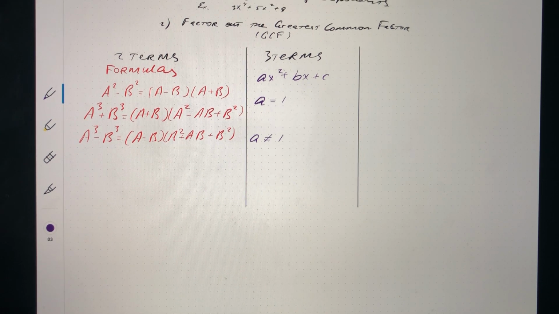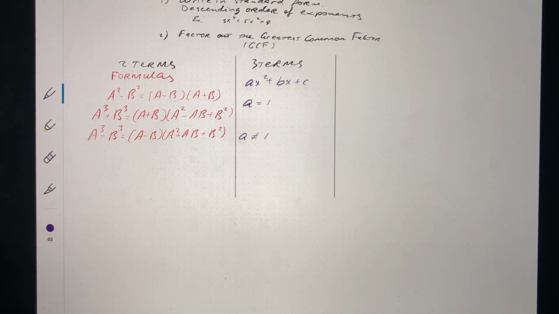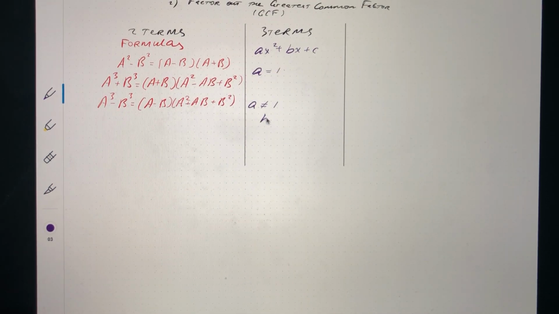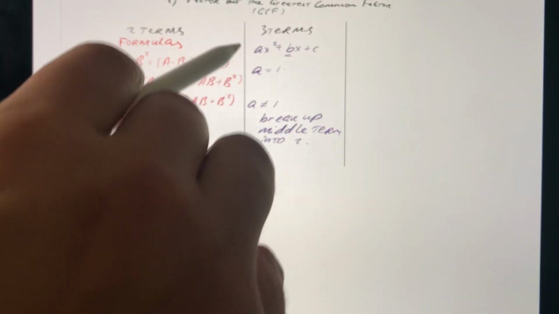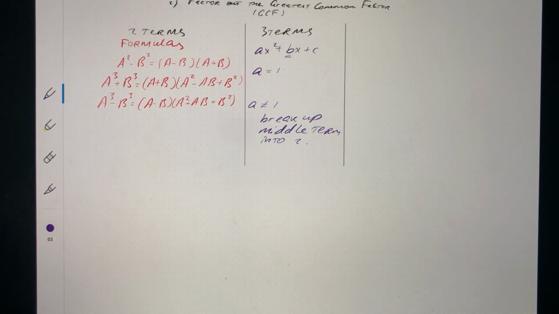In the situation where a is not 1, we break up the middle term into two. So the b, which is the middle term, will get split up into two different parts, and that makes 4 terms instead of 3.